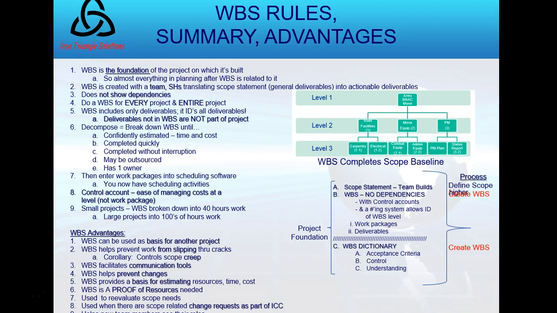That's what my scope baseline is. It's my scope statement, the work breakdown structure, and the WBS dictionary. And notice that the baseline must be clear, unambiguous, traceable, consistent, and complete.